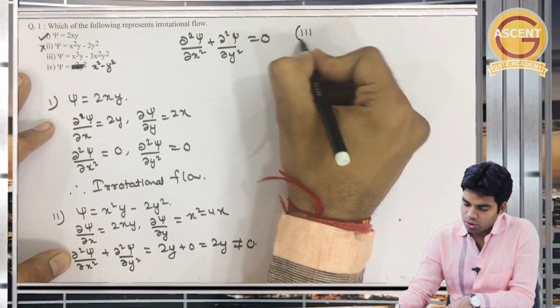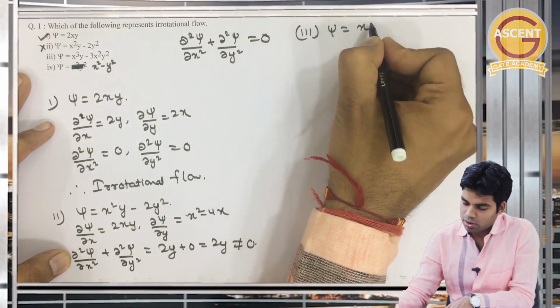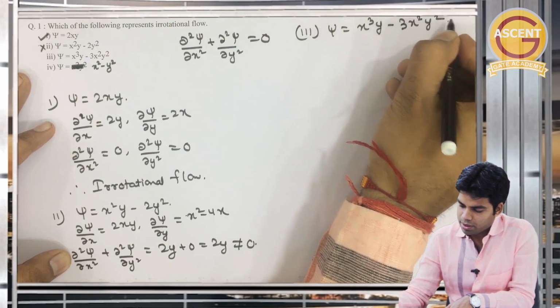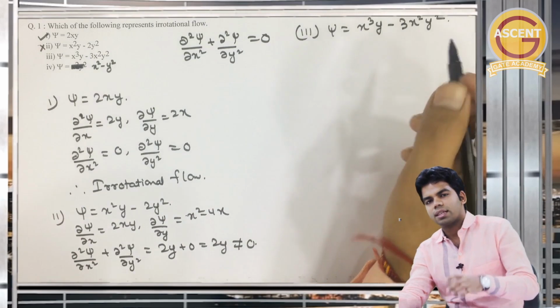Similarly, third condition, psi is equal to x cube y minus 3 x square y square. Again, from the expression itself, it is clear.